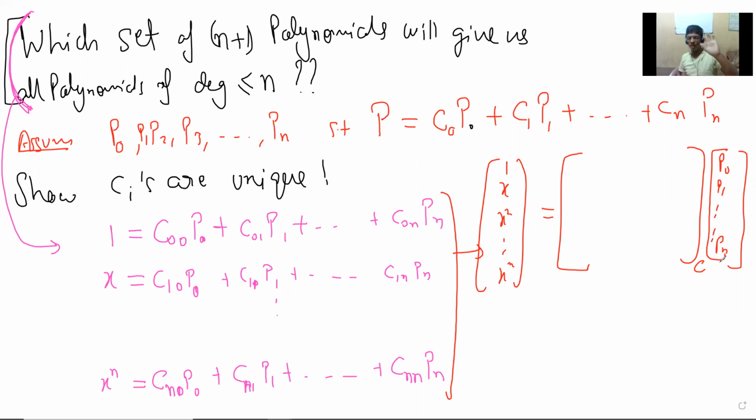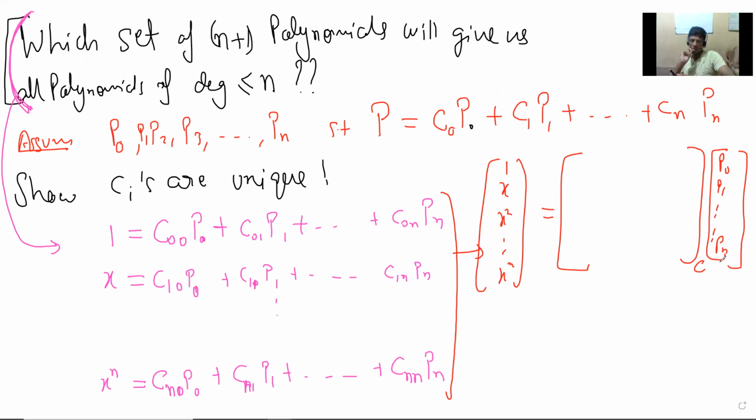So see, certainly, writing all polynomials with degree less than or equal to n using these n+1 polynomials is the same question as this system of equations having solutions.